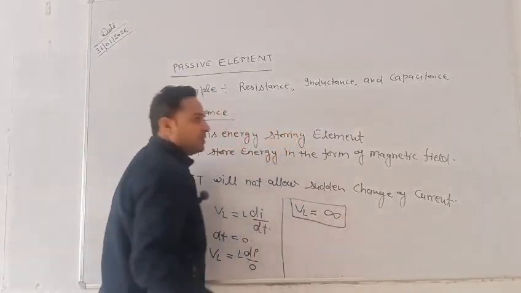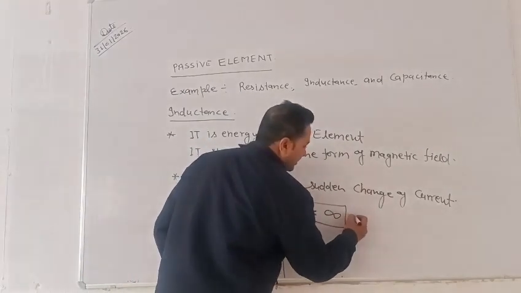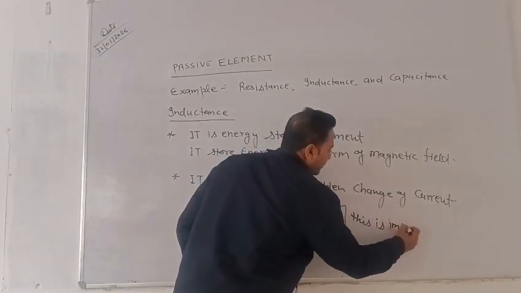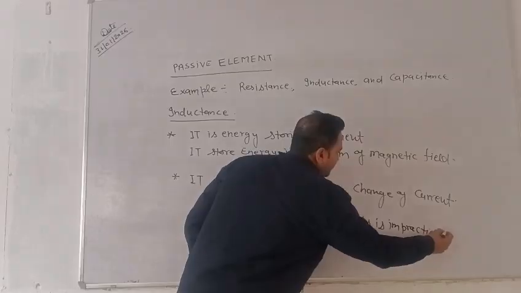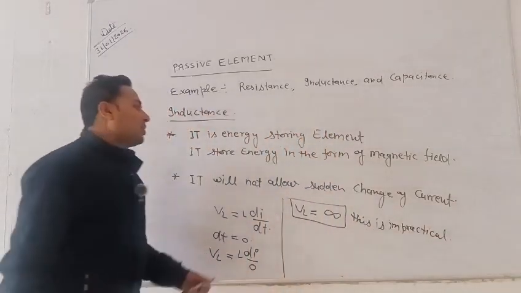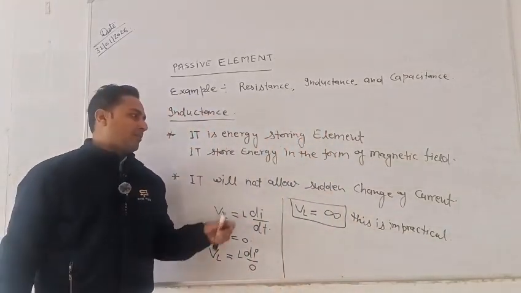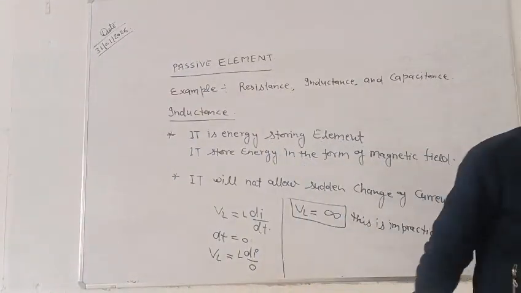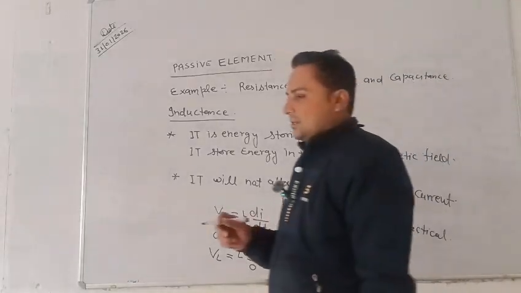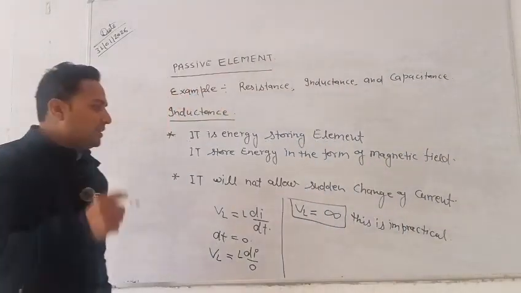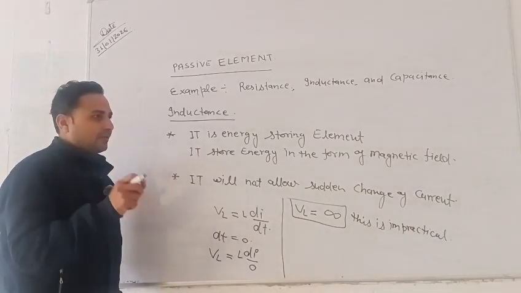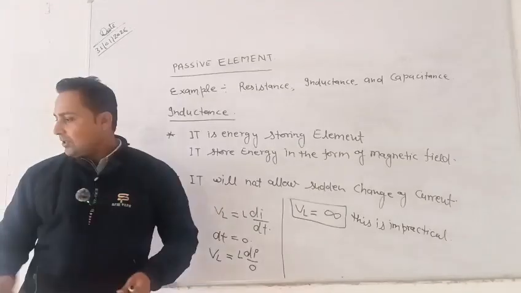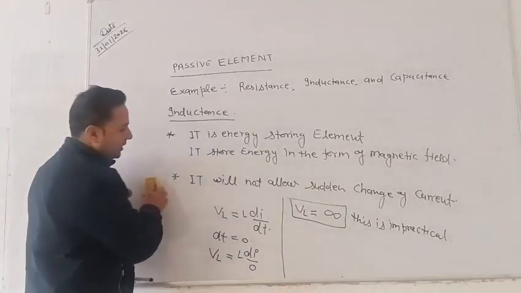This infinite voltage is impractical. We cannot suddenly change voltage and current when inductance and capacitance are connected in the circuit. We cannot suddenly change current by an ammeter.